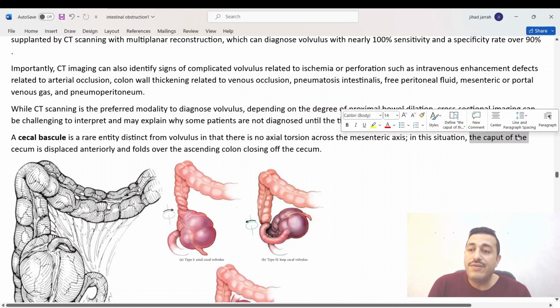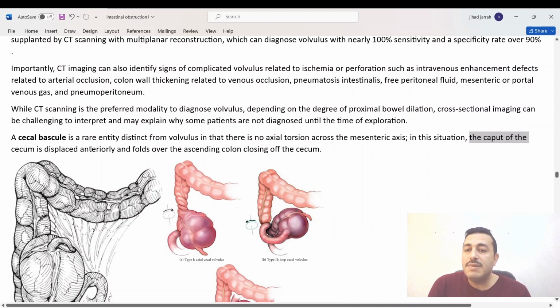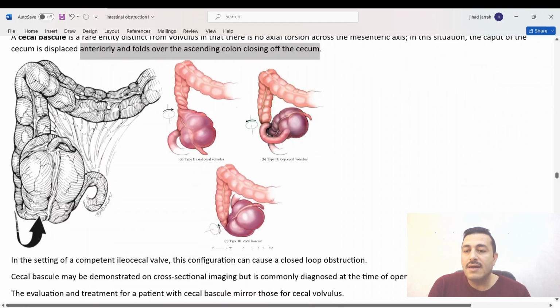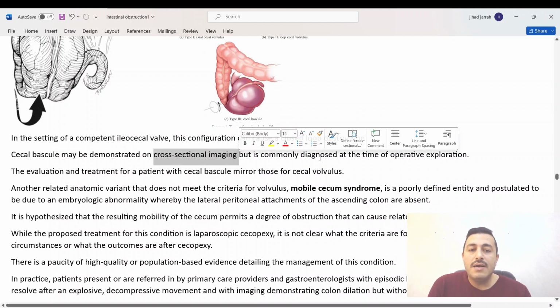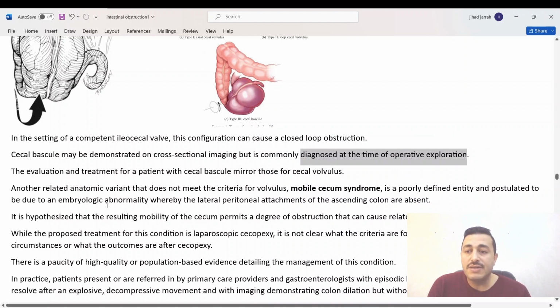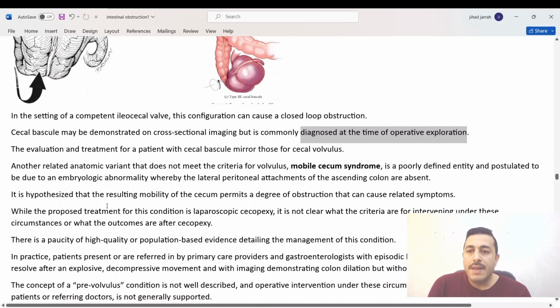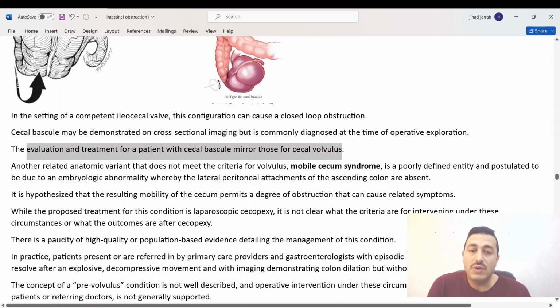The cap of the cecum is displaced anteriorly and folds over the ascending colon. With a competent ileocecal valve, this will lead to closed loop obstruction. It can be demonstrated on cross-sectional imaging, but commonly it's an intraoperative finding. The treatment and evaluation for cecal bascule is the same as for cecal volvulus.